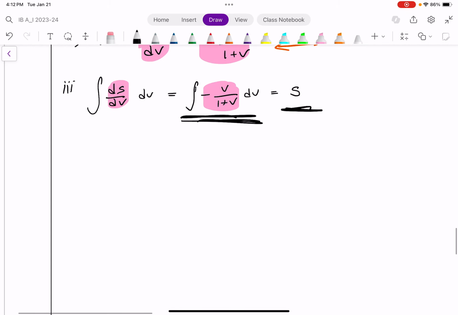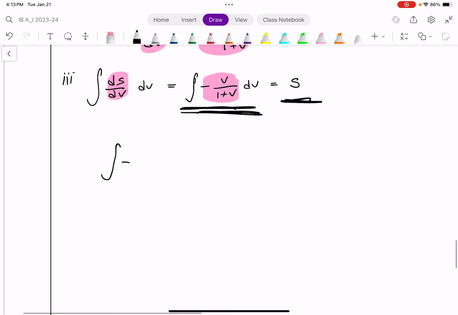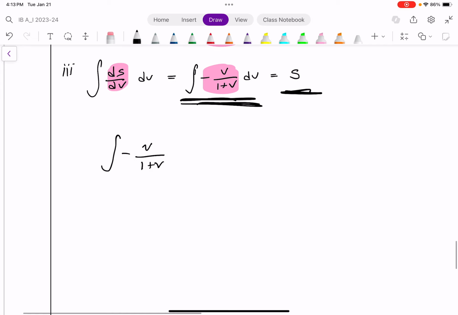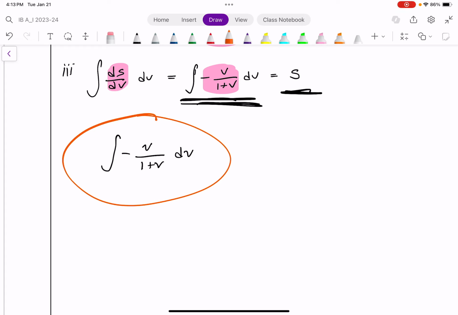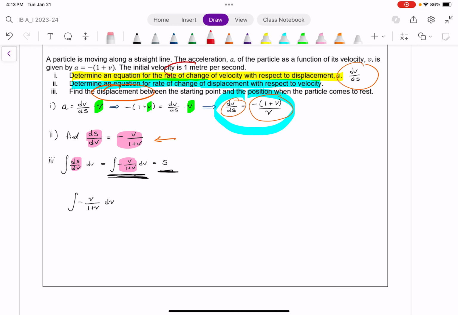Well, let's think more about this integral here. I want to make it a definite integral. So let me write this down: negative v over 1 plus v dv. Here v is velocity, and I know this whole thing altogether represents position or displacement. So I want to find the change in position, the displacement, from the starting point to when it came to a rest. At the starting point, we see that it had a velocity of 1 meter per second, and keep in mind, everything here is a velocity.